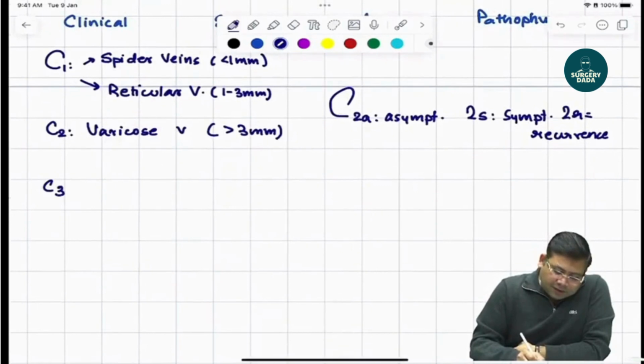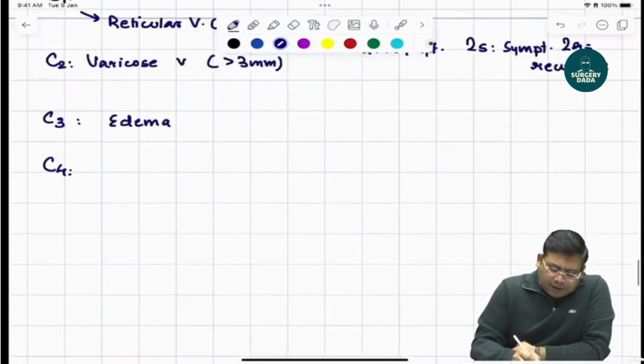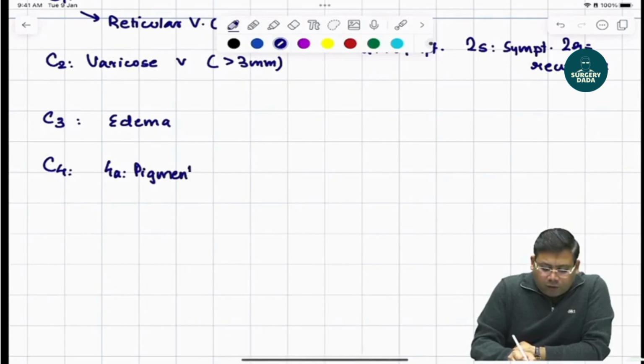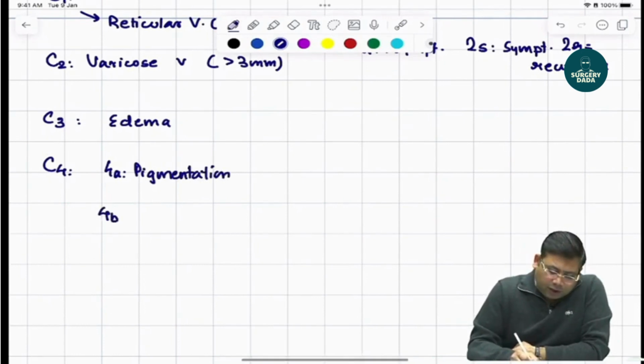Then what is C3? That is presence of edema. What is C4? All the skin related changes. So 4A is pigmentation. If you are following the American books like Schwartz, Sabiston, they are having 4A and 4B. What is 4B? Lipodermatosclerosis.